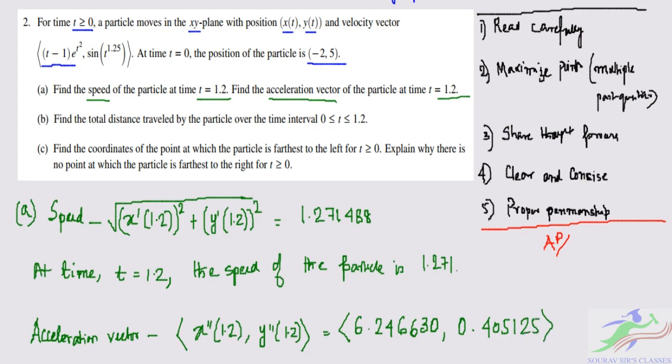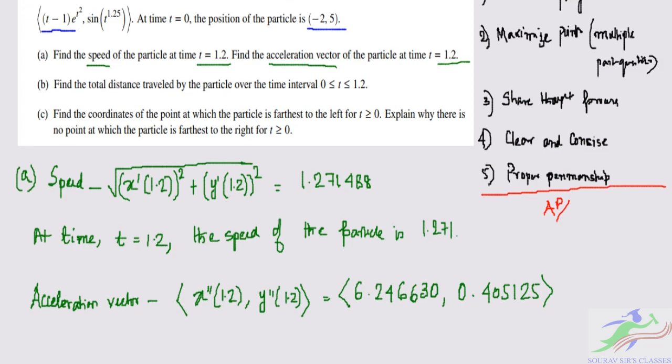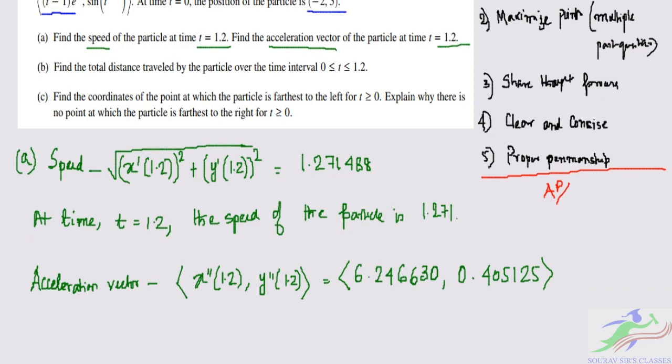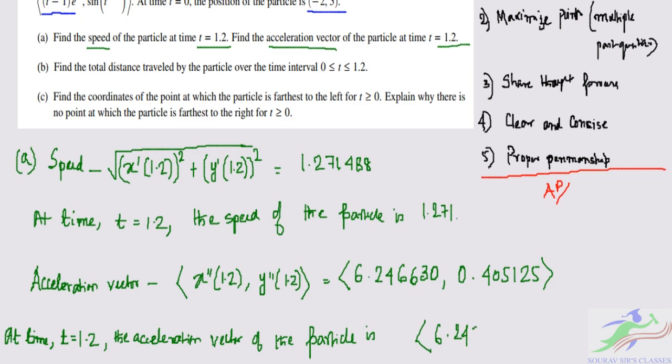So at time t equal to 1.2, the acceleration vector of the particle is (6.247, 0.405), or you can say (6.246, 0.405).